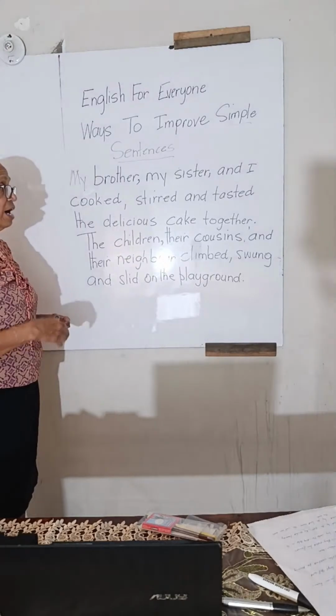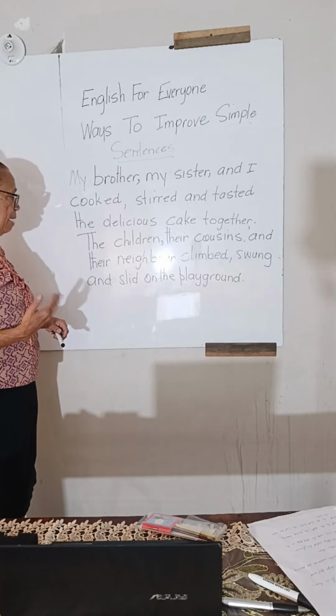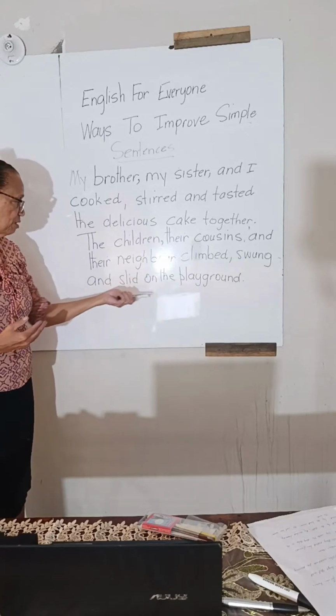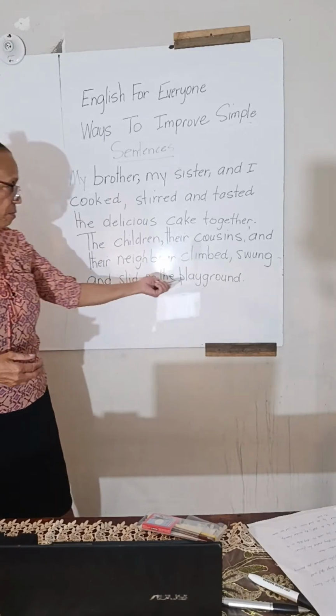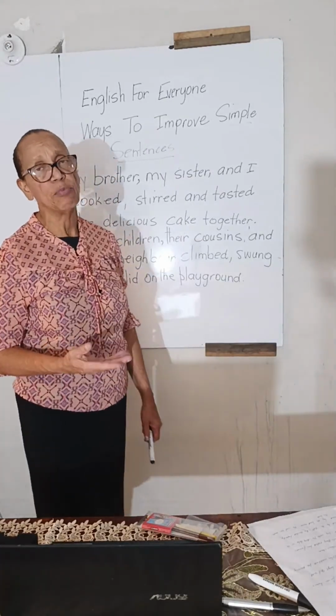You could add on more: the happy children, their cousins, and their neighbors climbed, swung, and slid on the what kind of place? On the large playground, or you could extend that even a little more.